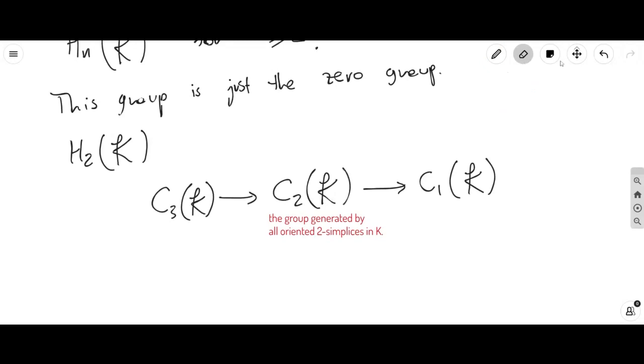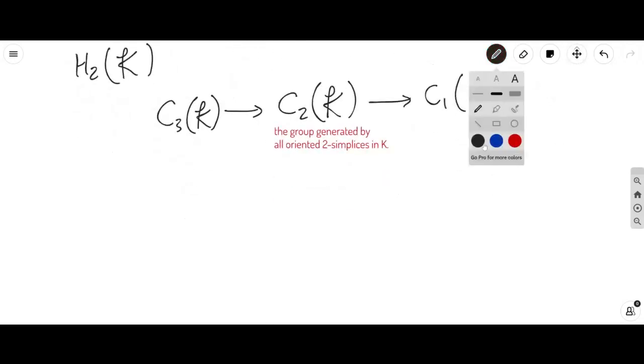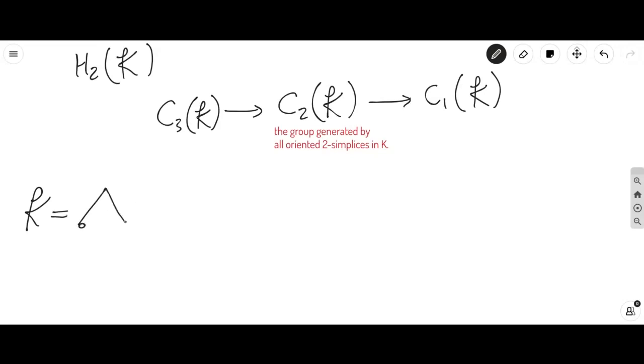But if you look at our complex, what is our complex? Well, as a picture, it's just this. Notice there is no two-dimensional simplex. That's not part of this complex. So you could say it's the empty set, but the convention here is to interpret this as the zero group. So this is just the zero group.